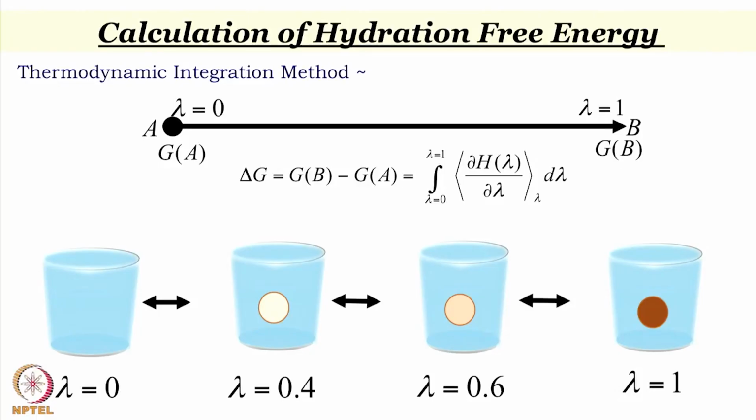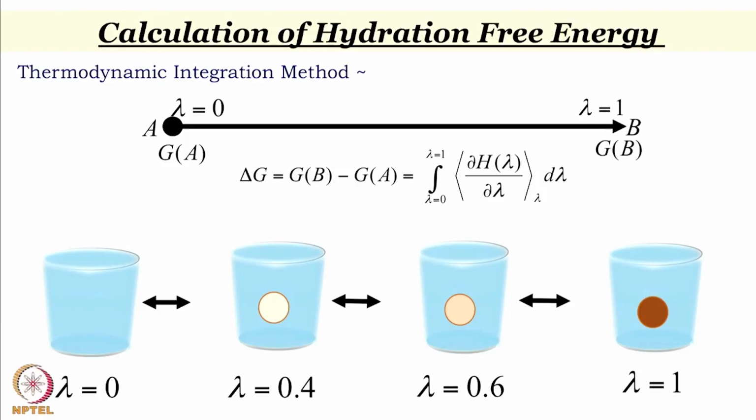So, when I average that quantity, I get dH_lambda by d lambda at each point. Once I have that for several lambda points, let us say 100 lambda points, starting with 0.01, 0.02, 0.03 and so on, when I integrate all from 0 to 1, that entire integral gives me the free energy of state B minus free energy of state A, that is G_B minus G_A, that is your delta G, the free energy of solvation.